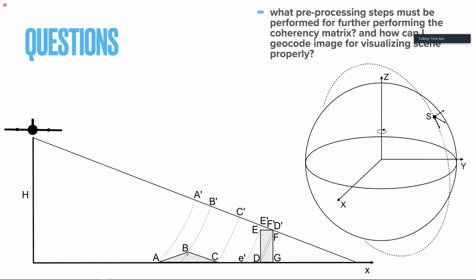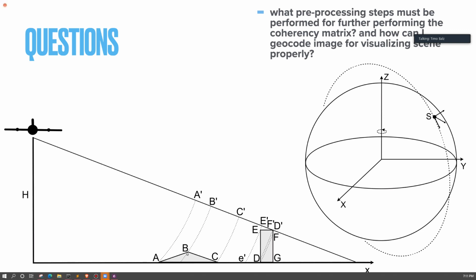And because we have very good precision on the orbit, the timing information in range is very good. We can geocode SAR data very, very precisely, and we will talk about that today, that we can do that down to centimeter or decimeter level in absolute positions, which is generally much more precise than we can do with optical data, mainly because we do not have so many distortions, okay?